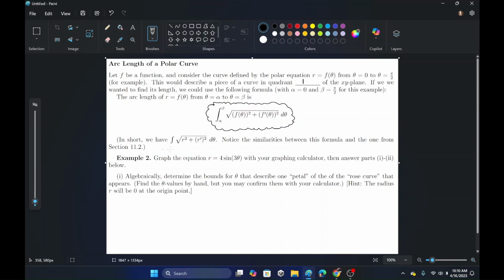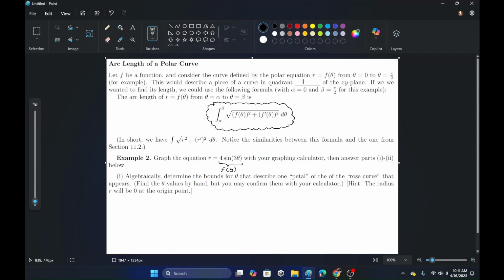So we'll look at example 2 here using this idea. R is equal to 4 sine 3 theta, so that's like our f of theta. And you could graph this with your graphing calculator. Let's try to answer a two-part question. And you're just seeing part 1 at the moment.